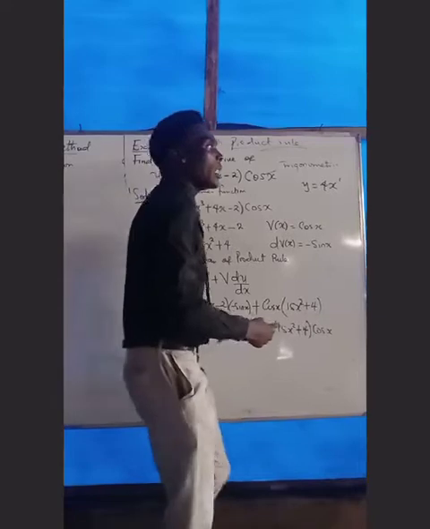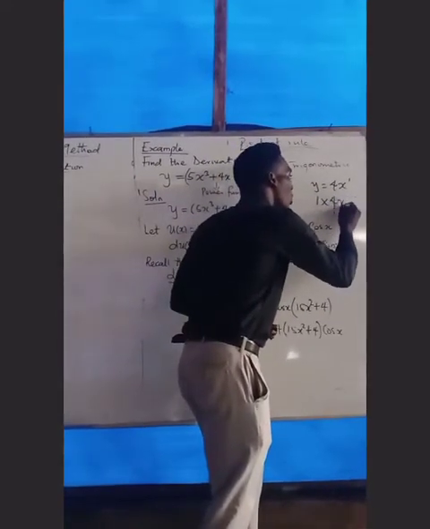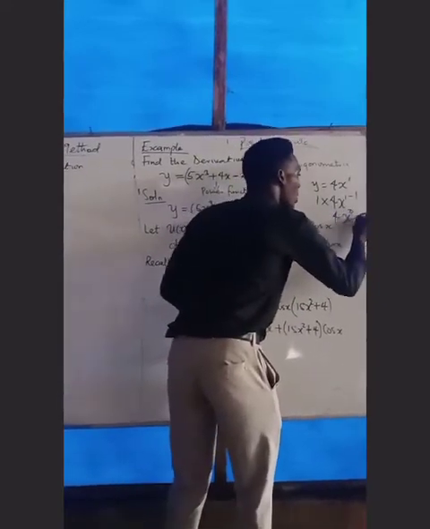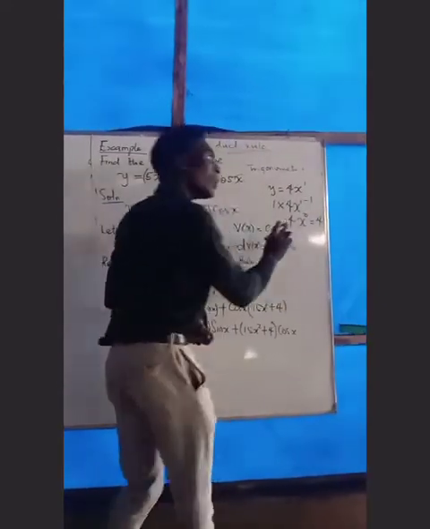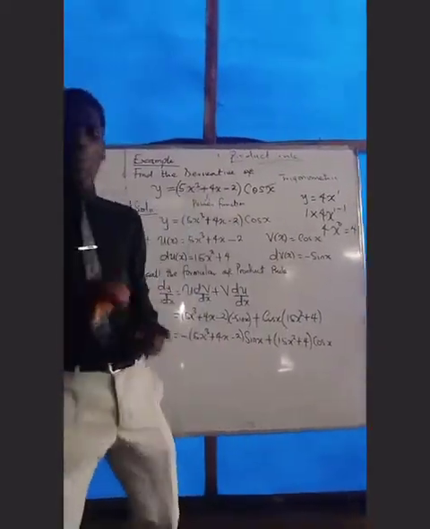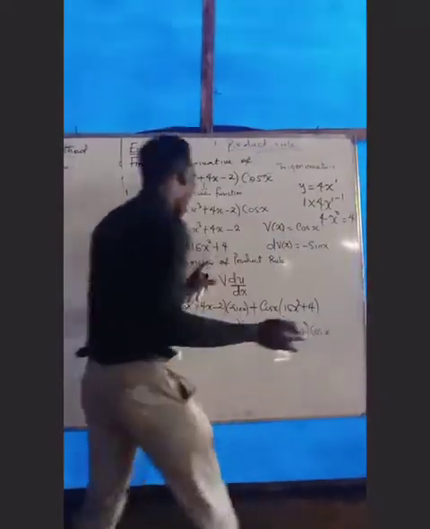How do we differentiate this? It becomes 1 multiplied by the original function 4, then 1 minus 1 gives x raised to the power 0, which is 1, because mathematically anything raised to the power of 0 is 1. Then 1 times 4 gives us 4. That's how we obtain 4 here.